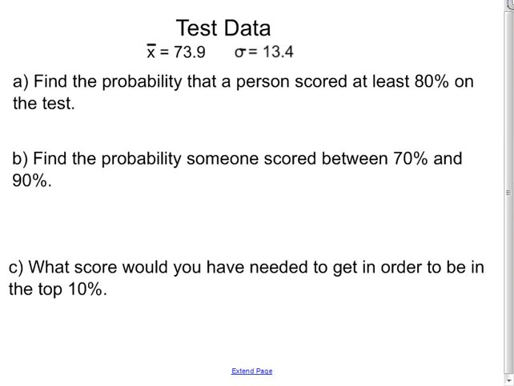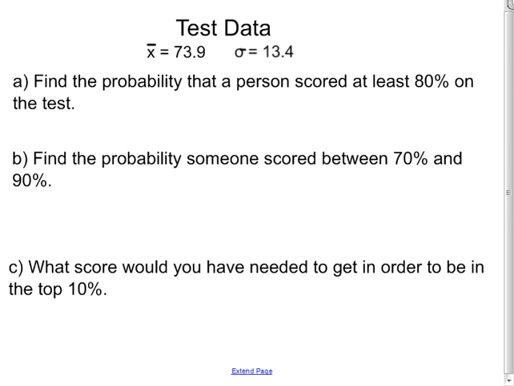So, based on everything that we've done, you should be able to now answer these three questions. I'm giving you your mean, I'm giving you your standard deviation. I want you to find the probability that a person scored at least an 80% on the test, so draw your picture. I want at least an 80%, so I want from 80% up. B, I want to find the probability that someone scored between a 70 and 90%. Mark your 70, mark your 90, find those z-scores, do what's needed.